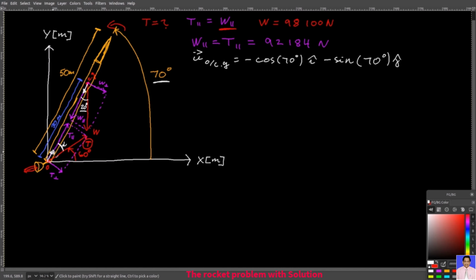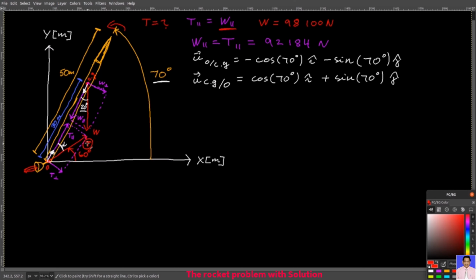However, it has the same line of action like this unit vector, only it's in another direction, which means that UCG with respect to O is the same vector, it's just instead of minuses you have pluses here. So now this one, it's this one here.